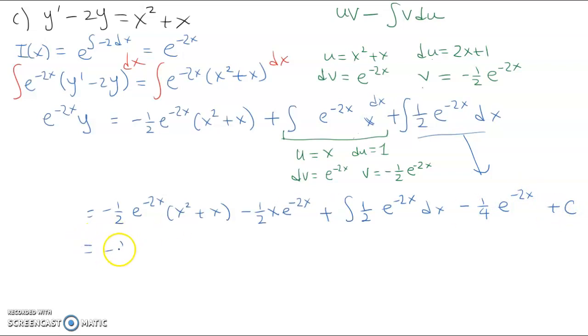I have to write this out one more time. The integration of that part is going to give us negative 1/4 e to the power of negative 2x.